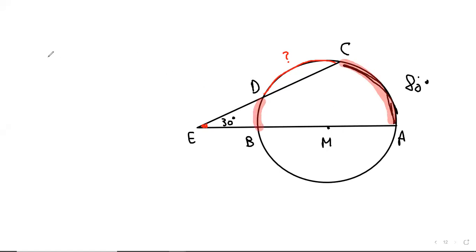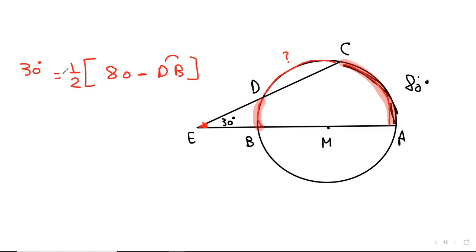So 30 equals half the difference, 80 minus BD. This angle 30 is half the difference between the included arcs, the major minus the minor.